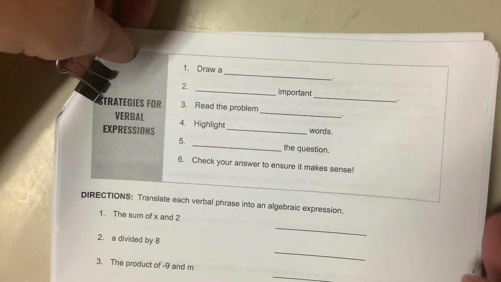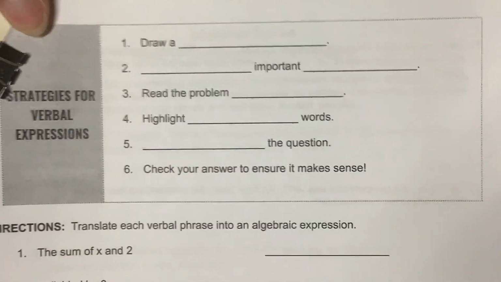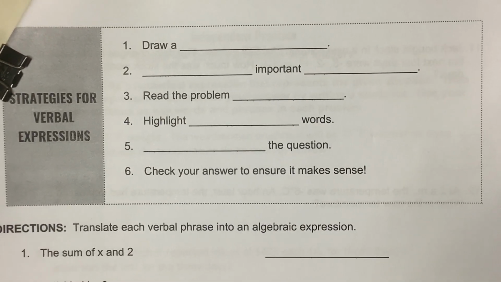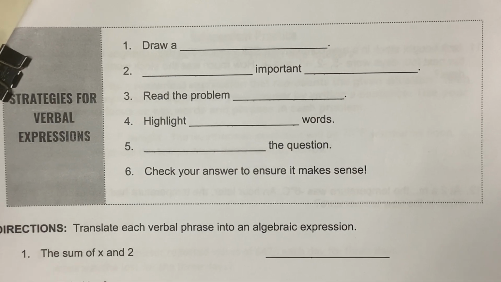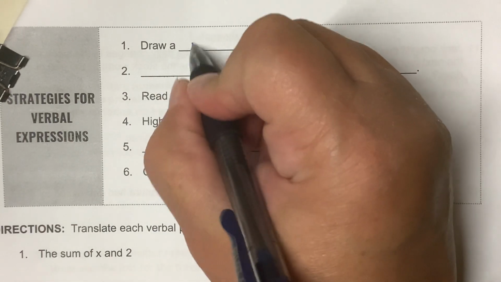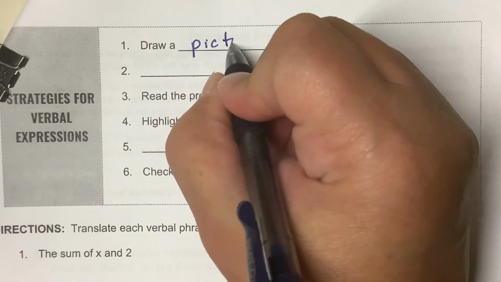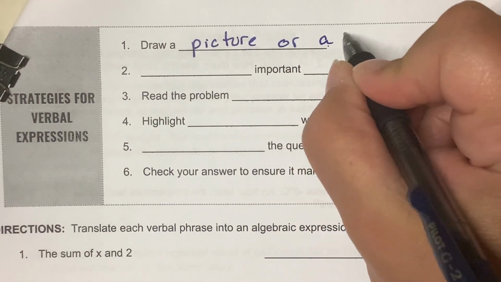Strategies. So, if you're answering a word problem, in other words, you're answering something that has to be translated from English into math, you would be best off if you can possibly draw a picture or a chart, and those will help you. They really will. So draw a picture or maybe a chart.